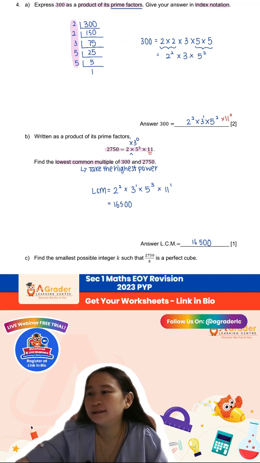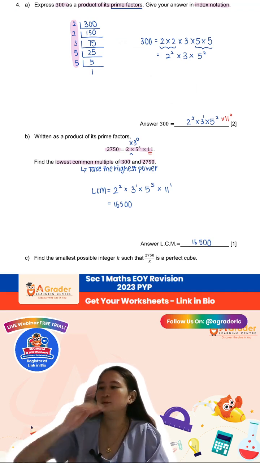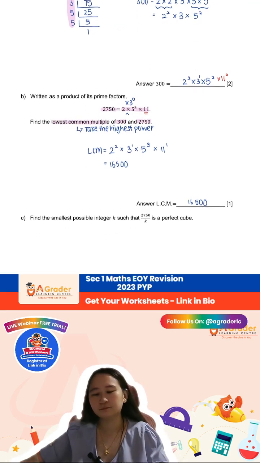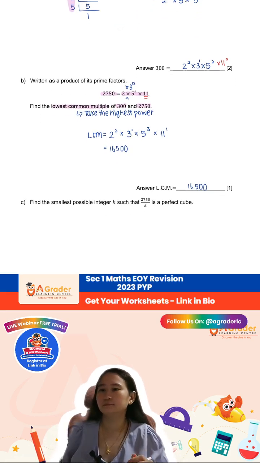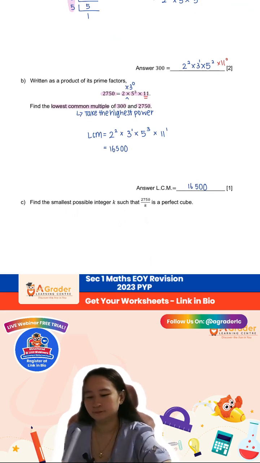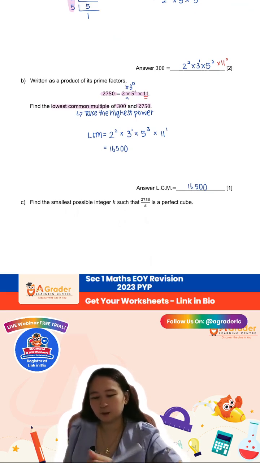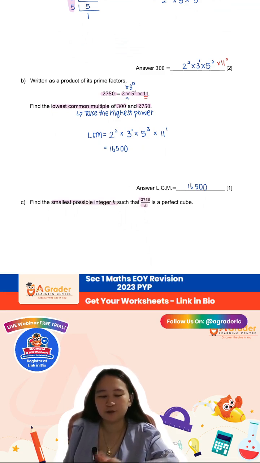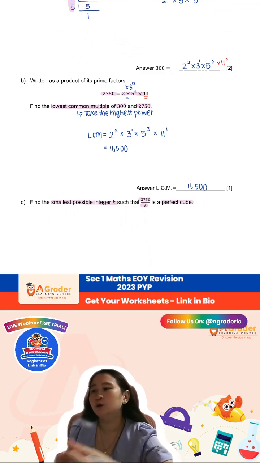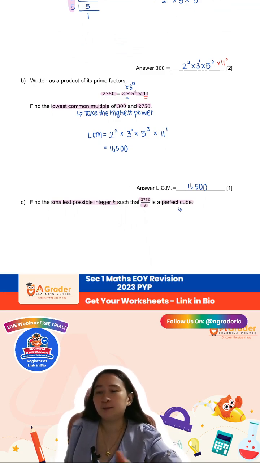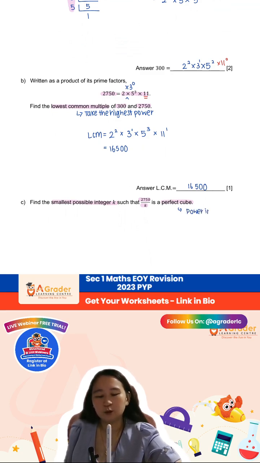Anyone try part C? They're asking for the smallest possible integer k such that 2750 over k is a perfect cube. So for a perfect cube, they want the powers to be in multiples of 3.